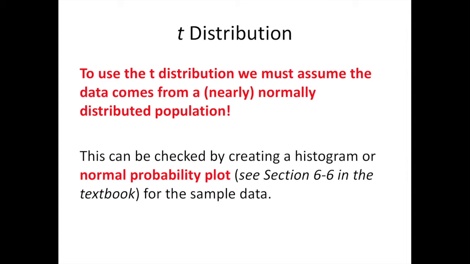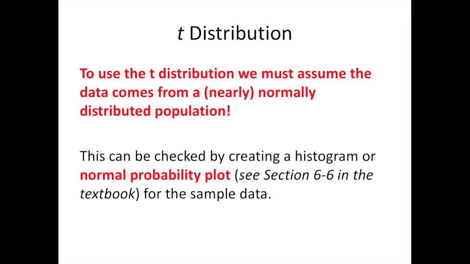Now, if we believe that the underlying population is not very normally distributed, what we'll want to do is just have a larger sample size. It turns out that this requirement of a normally distributed population is an okay one to violate. It's not a very strict criterion here.